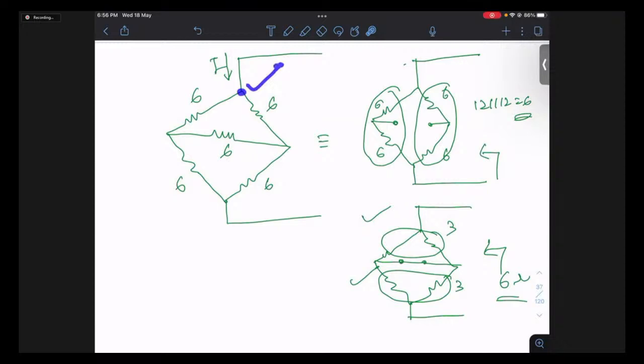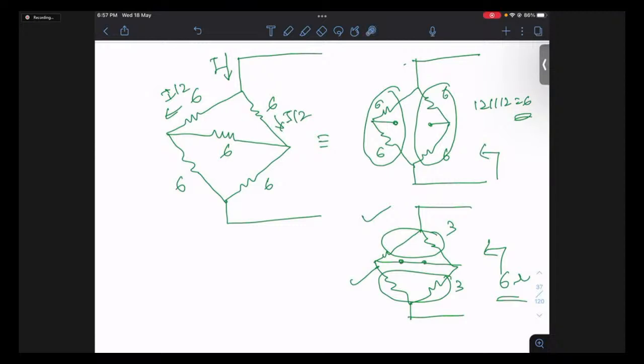Whenever the circuit is symmetrical, the current gets divided into 2 equal parts, because this current I is coming here and there are 2 identical paths. So definitely this current will be I by 2, and this current will be I by 2.